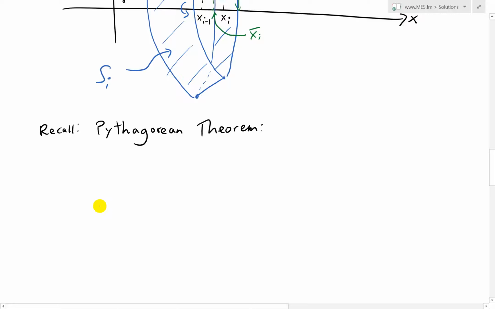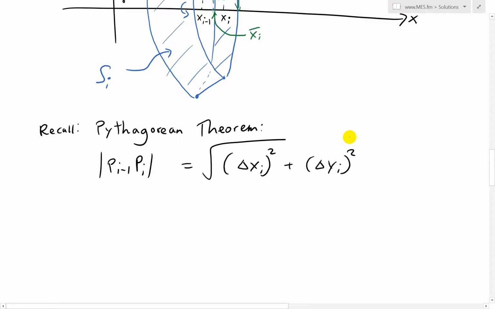This distance squared is equal to the sides squared, so delta x_i squared plus delta y_i squared. If we square root both sides, we get plus or minus. But since we're dealing with only a positive distance, and that's why we have this absolute value sign, the only thing that makes sense is a positive sign here for the distance.